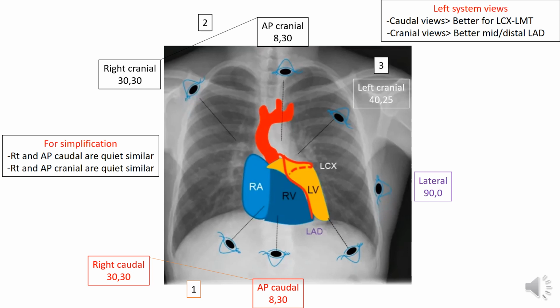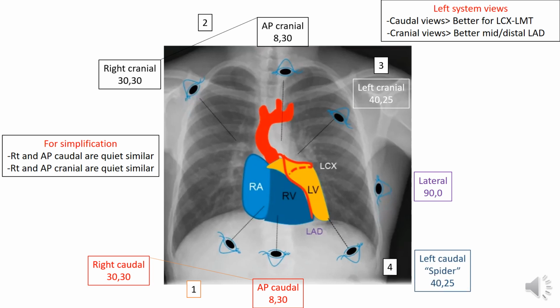The third view is the left cranial view. It is a little bit similar to the epicranial and right cranial view, but in this view the LAD will be running in the middle of the picture.